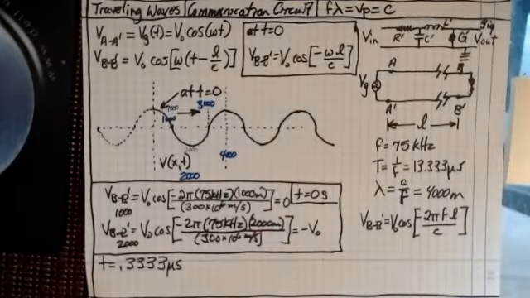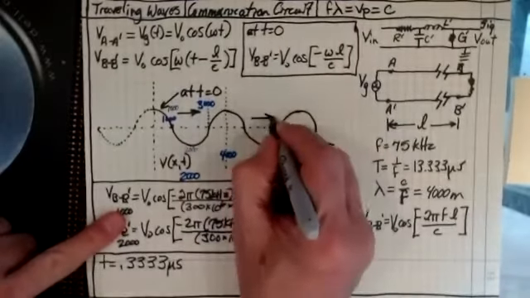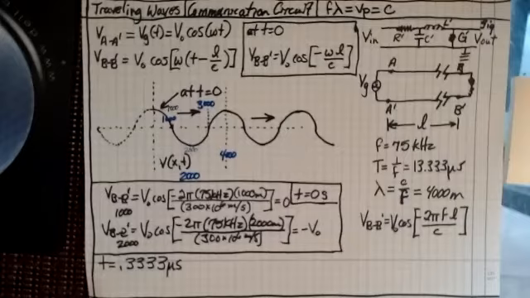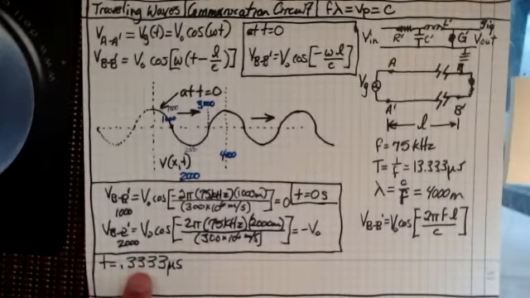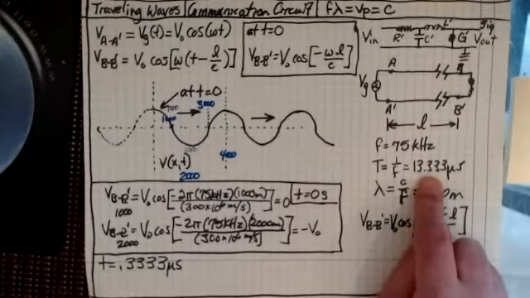Now, what I want to find is what's going on later. Didn't I say that this thing is moving in that direction at the speed of light? That's right. So if it's moving in that direction at the speed of light, then 1/3 of a cycle later, the whole wave should have shifted to the right, shouldn't it?